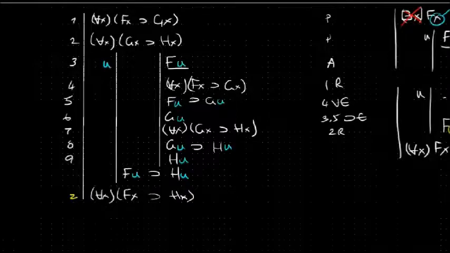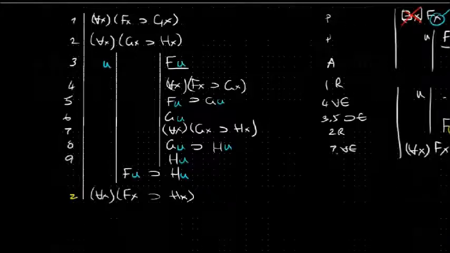Should probably write these in as I go along. 2 reiteration, 7 universal elimination, and then it's 6 and 8 conditional elimination gives us HU.